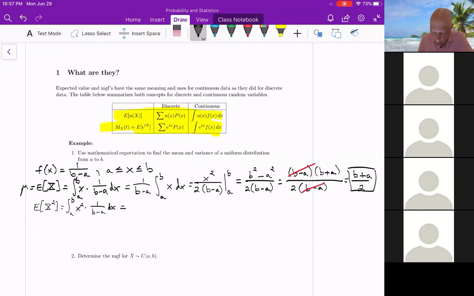This is going to be x cubed over 3 times b minus a, which again you are evaluating from a to b. And so when you do that, you've got b cubed minus a cubed over 3 times b minus a.